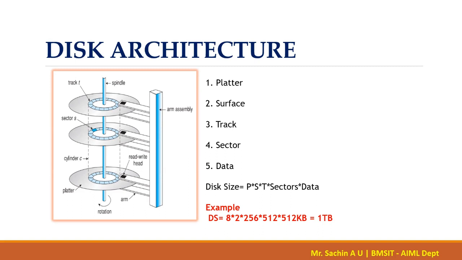That 4 MB of data will be stored in the form of sectors, which means each sector consists of some KB of data. 4 MB of data means 1024 KB times 4, so that many KBs of data will be there.